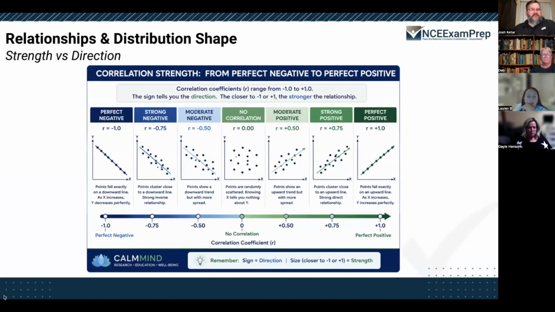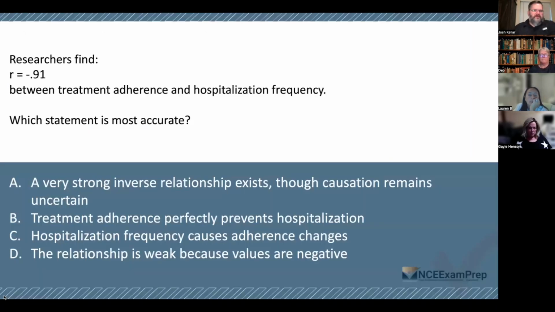Is it perfect negative? Not perfect, but it's almost. And what do we call it if it's not perfect? Strong negative. Okay, keep that in mind. So we've got a strong negative.